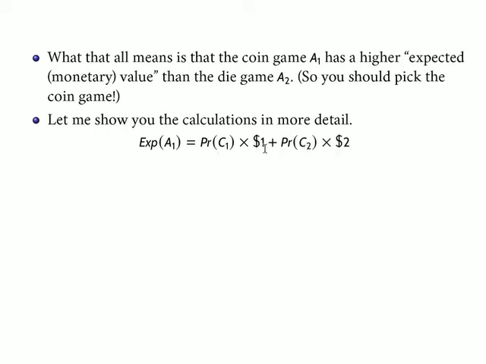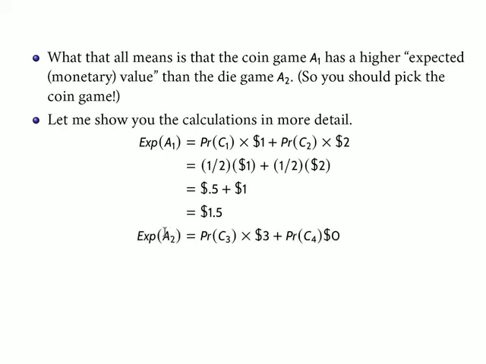Okay, so you think, how good is each outcome? But then furthermore, you have to weight them by how likely it is. And that's exactly what has been done here with the coin game. And now we fill in the probabilities. So 1/2 times $1 plus 1/2 times $2 is $1.50.